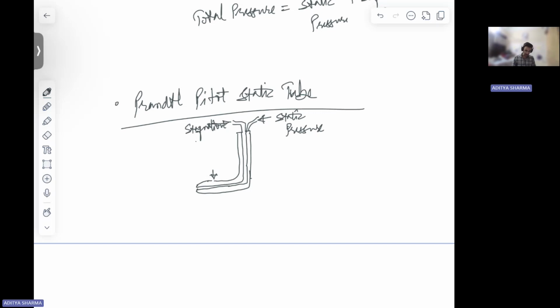Why stagnation? Because at this point, the flow is going to stop, so the stagnation condition will be achieved here. That is going to give you the stagnation pressure.